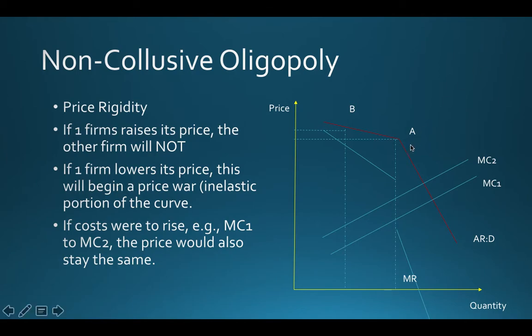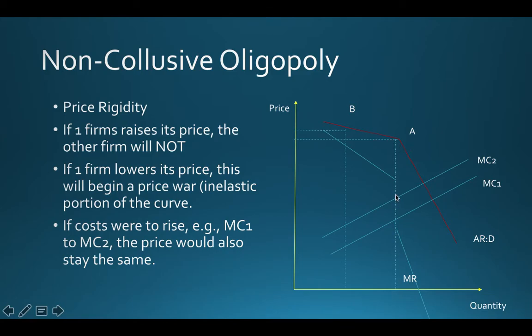Another reason is that if the costs were to change, like let's say one of our factories has a fire, or we have to pay more insurance fees to produce our goods. And let's say our marginal costs rise from MC1 to MC2. Well, even if they go up, MC equals MR at the same quantity.